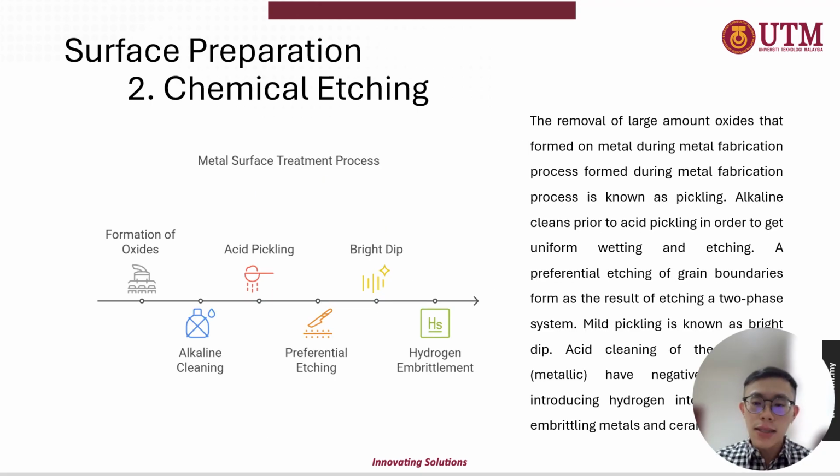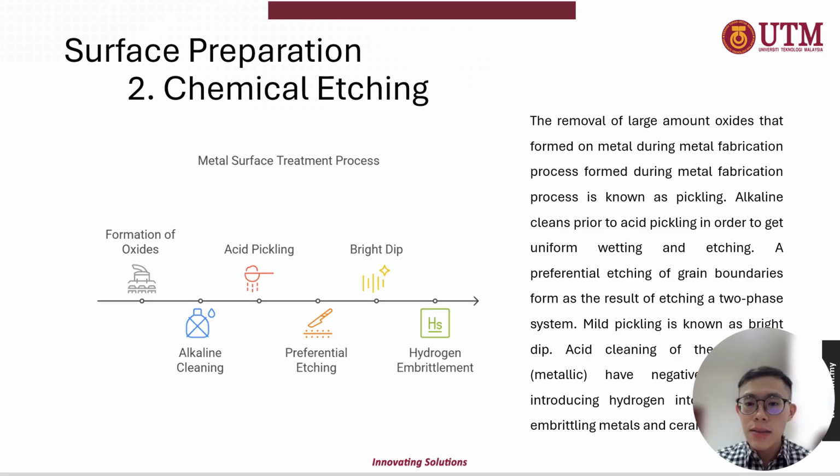For chemical etching, the next process, we are looking into the removal of a large amount of oxide. Usually because we are using steel, oxide formation is, I would say, unavoidable. This oxide formed during the metal fabrication process, and the process to remove it is known as pickling.